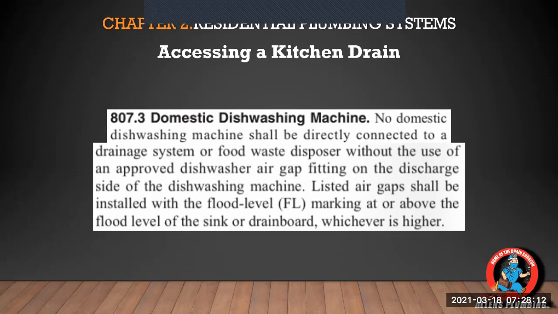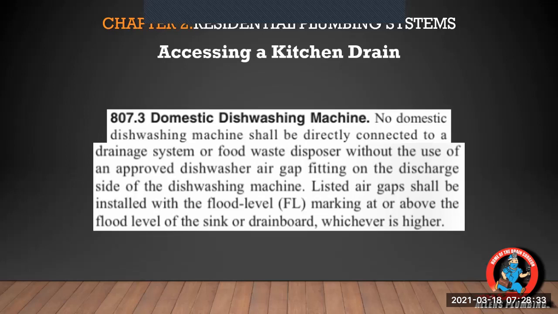So, like we talked about earlier, this is one of the codes in the book. No domestic dishwashing machine shall be directly connected to a drainage system or food waste disposer without the use of an approved dishwasher air gap fitting on the discharge side of the dishwashing machine.